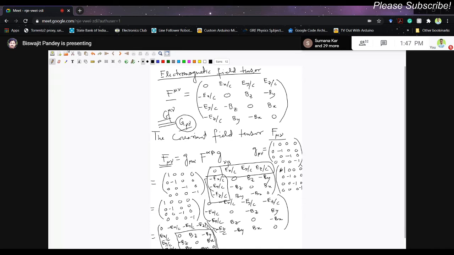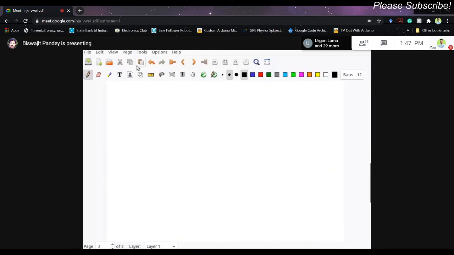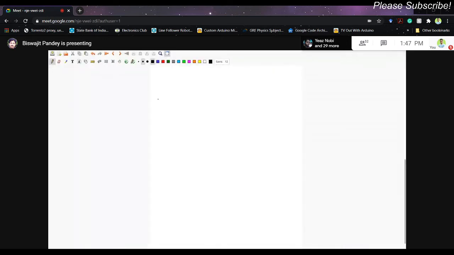Let us calculate f mu nu f mu nu. So what is that? Since Einstein convention applies, basically you repeat everything. Keep the first index fixed at 0, and then change the second: f00 f00, then f01 f01, f02 f02, f03 f03.